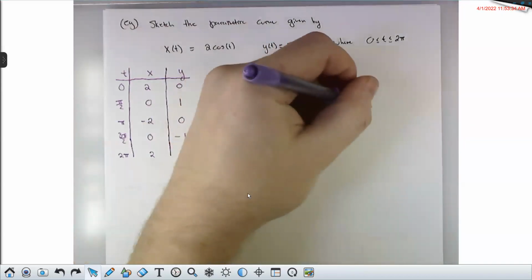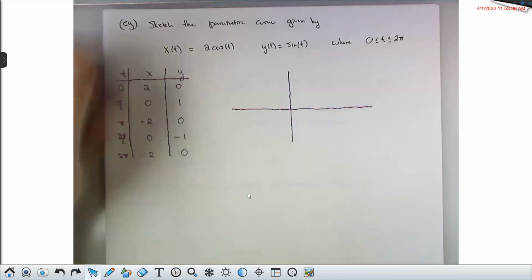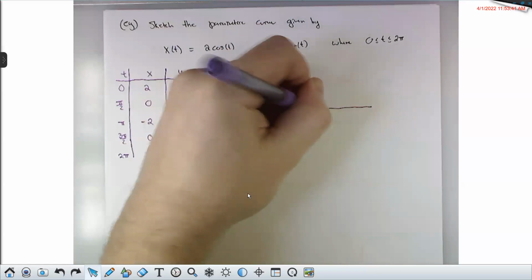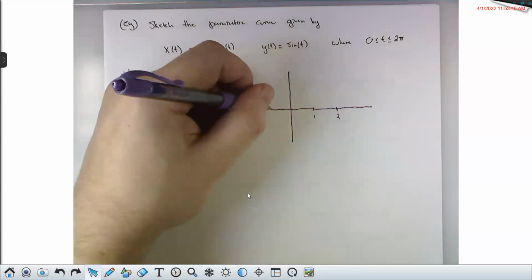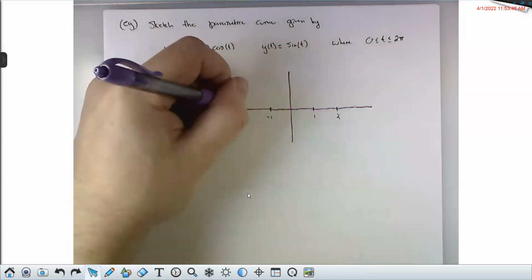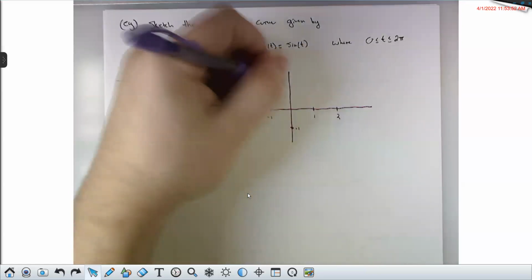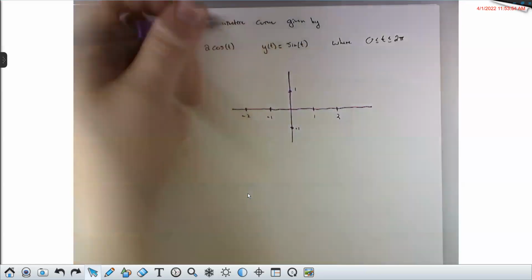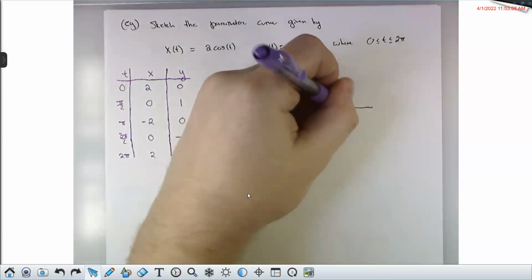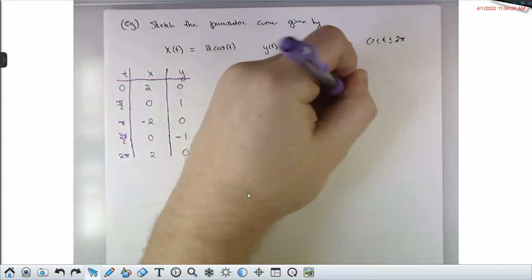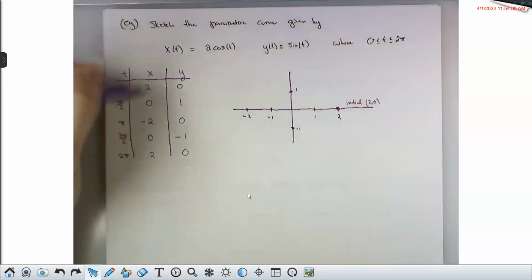So the curve we're looking at here, x values appear to go from negative 2 to 2, y values run from negative 1 to 1. And our initial point here is (2, 0).